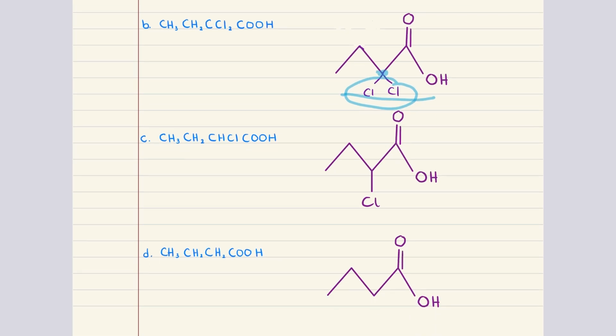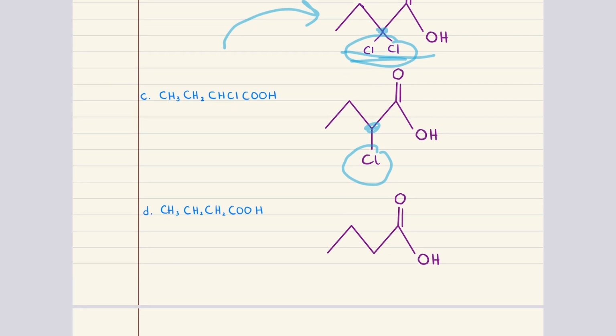We compare that to answer choice C. There's only one chlorine atom here, and it is also on the carbon adjacent to the carboxyl group. But again, this is just one chlorine atom in comparison to choice B, where there are 2 chlorine atoms. Then finally, for choice D, this molecule has no chlorine atoms, so there are no electron withdrawing groups at all.